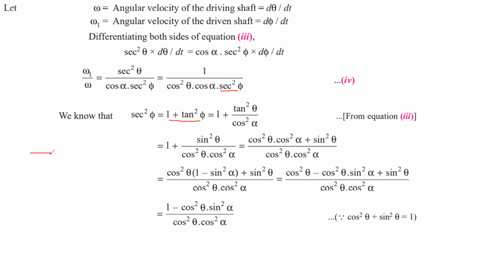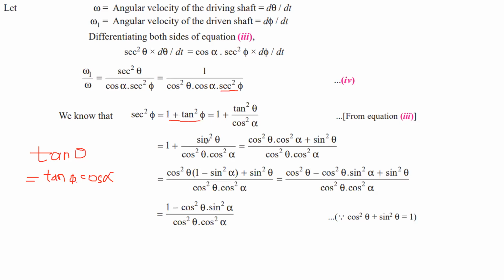We have already established this relation: tan theta is equal to tan phi into cos alpha. So using this relation, we put the value of tan square phi as tan square theta upon cos square alpha. Then it is further simplified.